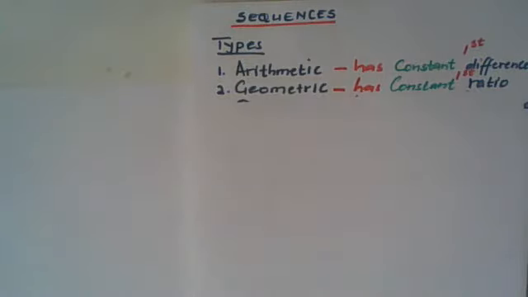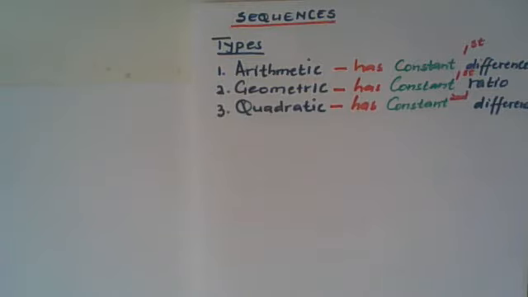Then, lastly, we have this one, quadratic sequence. Now, this comes from quadratic. We know quadratic equation. Quad means four. So when we deal with the area of a four-sided figure, that will be length multiplied by breadth. And then if you have a binomial x minus 3 and x plus 2, that will be x squared minus 5x, then plus 6.